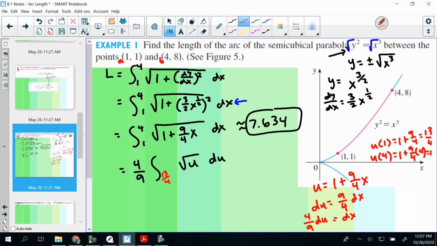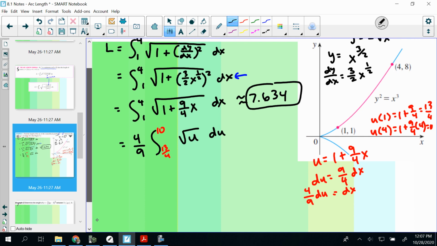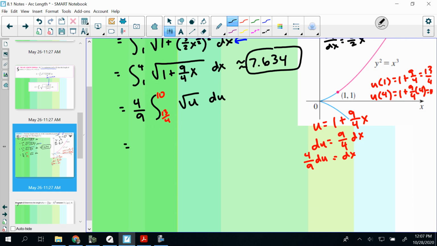That one's going to change to 10. So those would be our new limits. Now we don't need to substitute back in. So what would this antiderivative be? Well, that's like u to the 1/2, so we want to add 1, which would be 3/2. The reciprocal would be 2/3 times that 4/9 we already got, evaluated at 10 and 13/4.